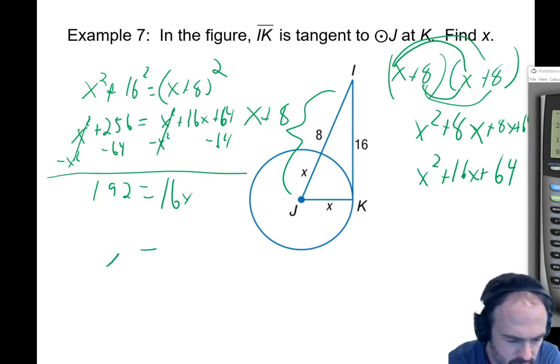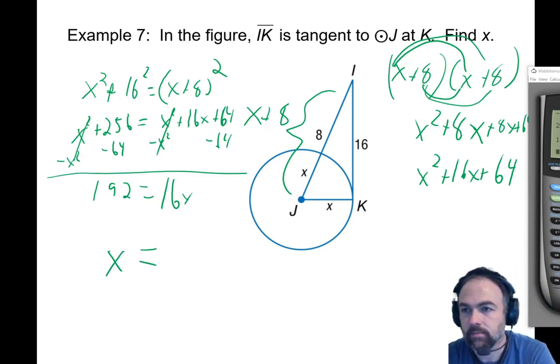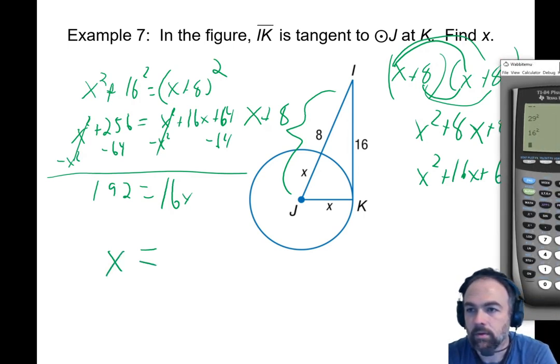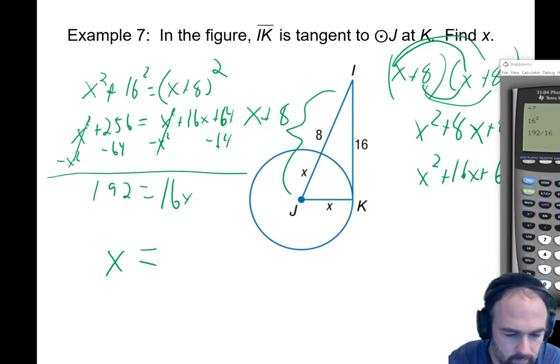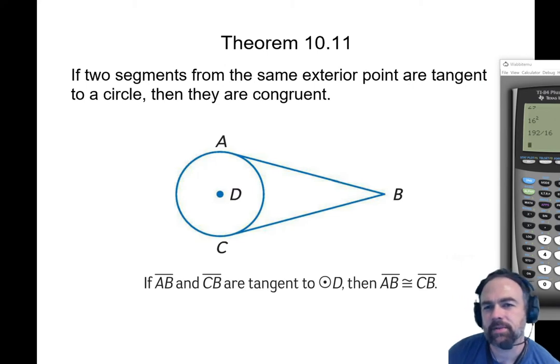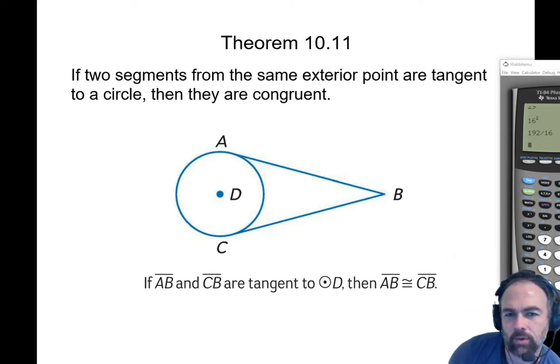Are y'all seeing that disappear? X equals 192 divided by 16, 12. X equals 12.